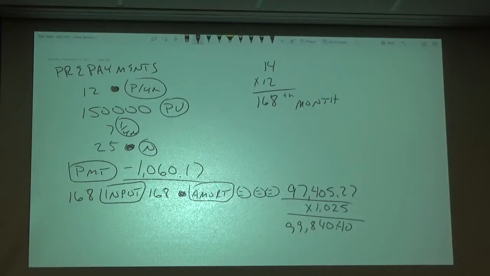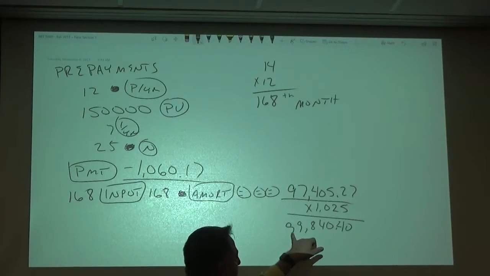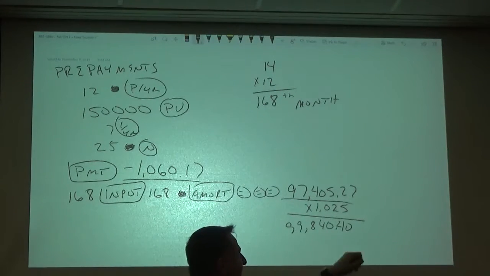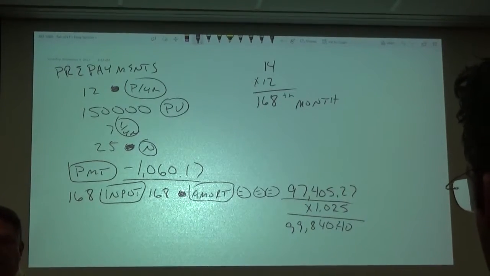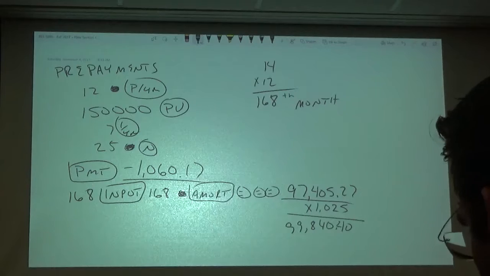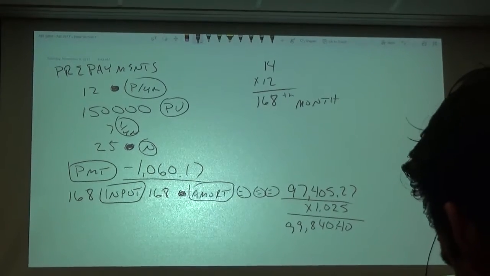Okay, now what we have to do, this new number, the 99,840.40, has to be put in as our future value, as a negative.